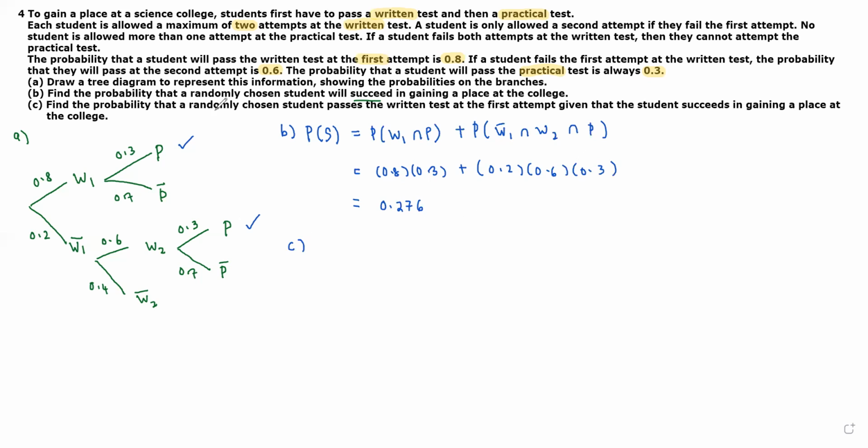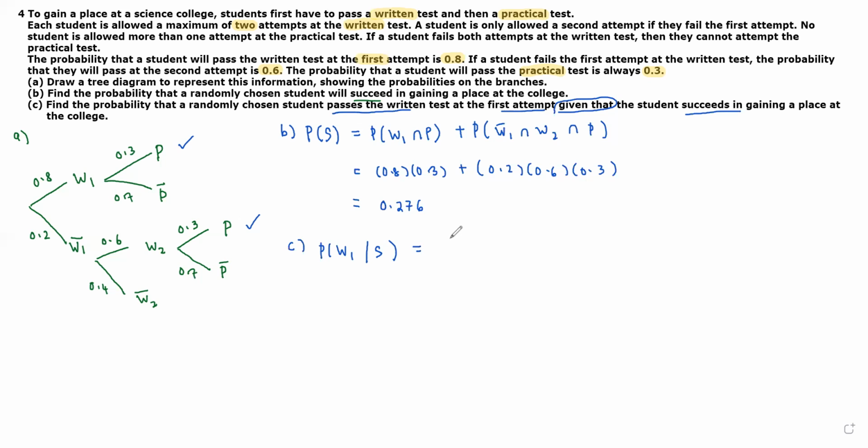Part C, find the probability that a randomly chosen student passes the written test at the first attempt, given that the student succeeds in gaining a place at the college.